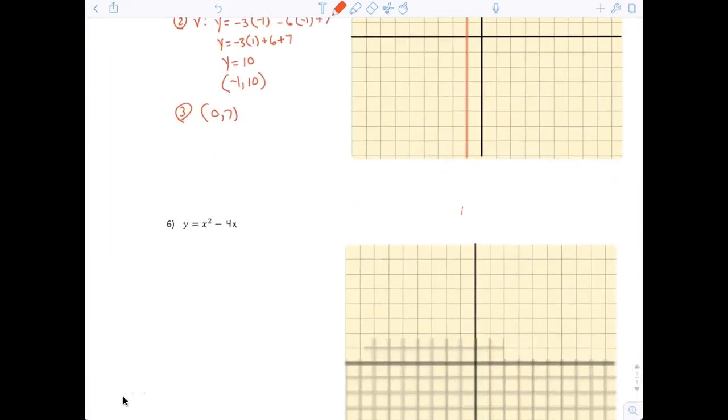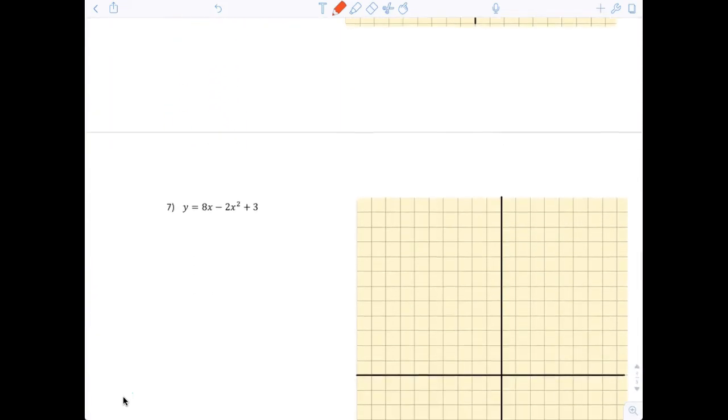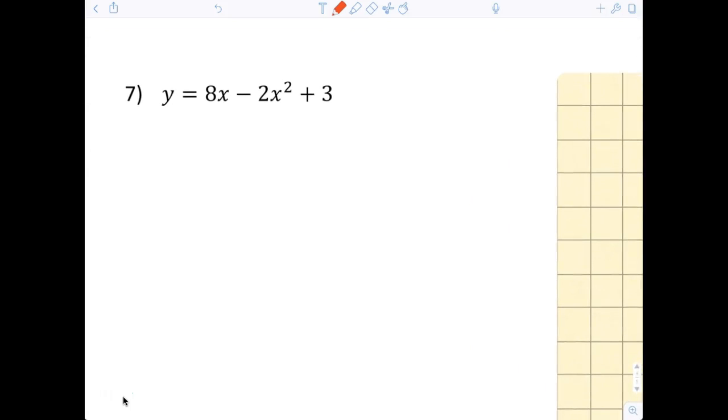Now, I want to look at question number 7. What's wrong with number 7? Most people in the last class didn't see what's wrong with number 7. The 2x squared. Yeah, it's out of order. Everybody look up and make sure they see that. So, y equals negative 2x squared plus 8x plus 3.